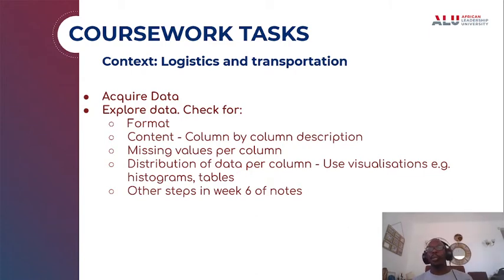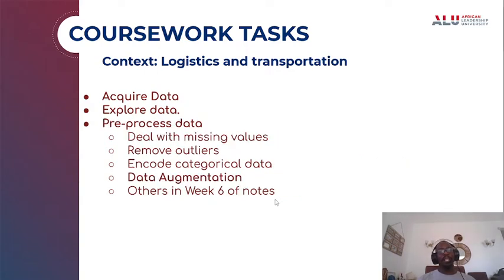So maybe 50% of these are 20 years old, and this many are that age. And this is a great place to use visualizations. You could use histograms, you could use tables, depending on the kind of data that there is. There are a few other things you can do for data exploration, and you can check these in week 6 of our notes on GCUlearn.